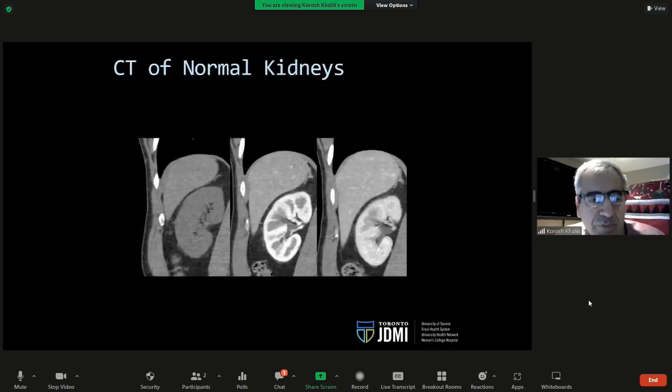So CT scan uses X-rays to obtain images from the tissues, and X-rays are great in showing bones and air, but they're not very good in showing the soft tissues and differences in soft tissues, and so everything will have this grayish tone.